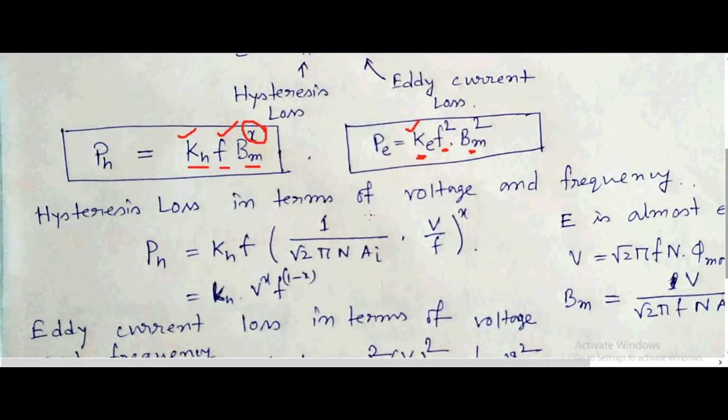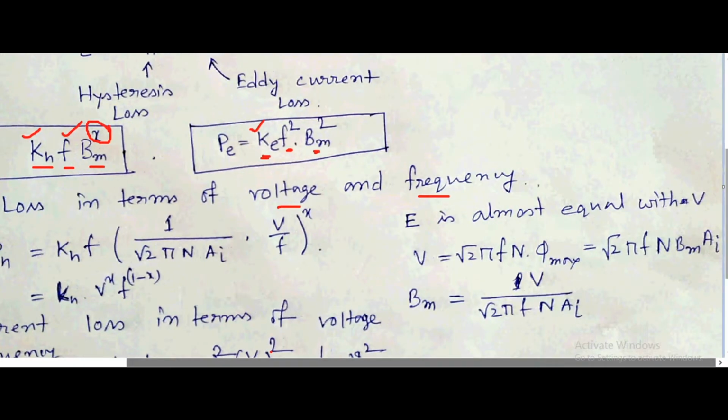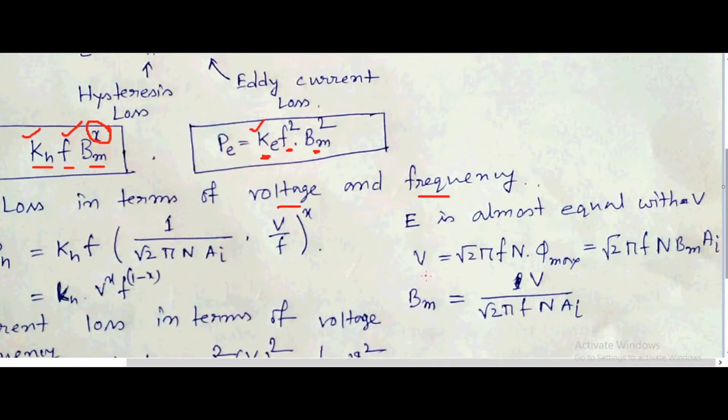Hysteresis loss in terms of voltage and frequency. When we calculate this in terms of voltage and frequency, this B_m can be represented this way. Here voltage V equals root 2 pi f N phi_m, where N is the number of turns and phi_m is the maximum flux.